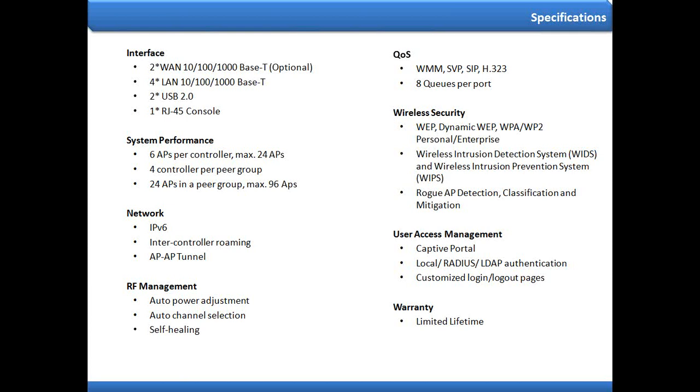In terms of network performance, it is fully compliant with IPv6, so you can be satisfied in knowing that the DWC1000 not only supports the current IPv4, but when networks start migrating over to IPv6, the DWC1000 supports that too. It also offers intercontroller roaming. With respect to the warranty, the DWC1000 and its associated access points also offer a limited lifetime warranty.